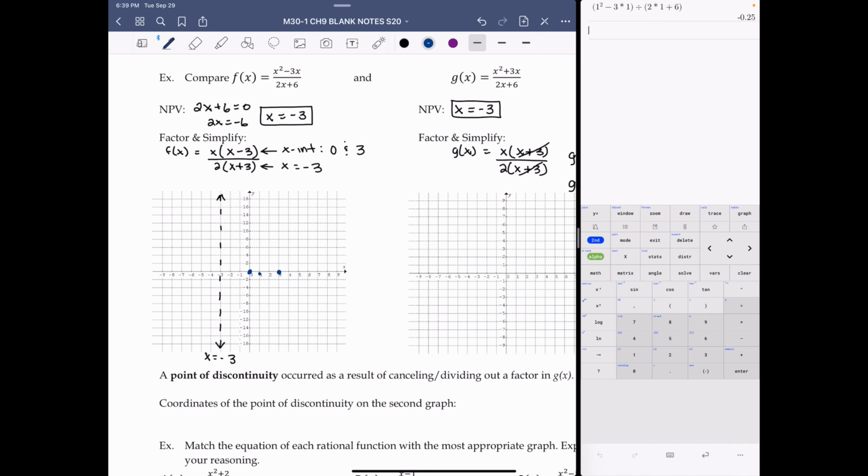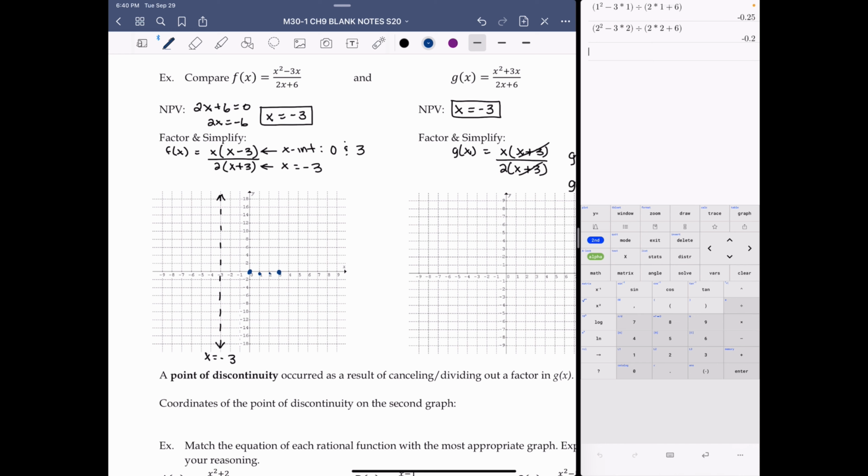Let's try the same for 2, so I'm going to go back up, hit enter, so I can just change my x values that were 1 to 2s. Delete the first one, put a 2, and delete that one and put a 2. And we get negative 0.2, so a little bit closer.